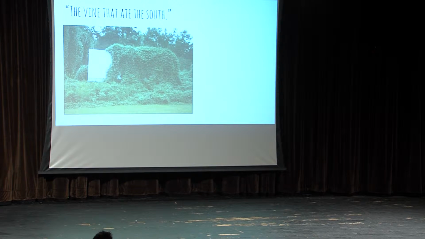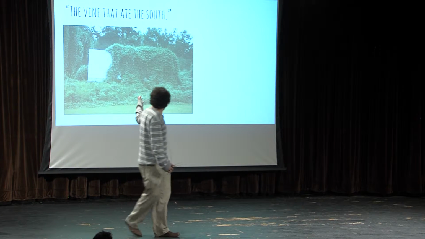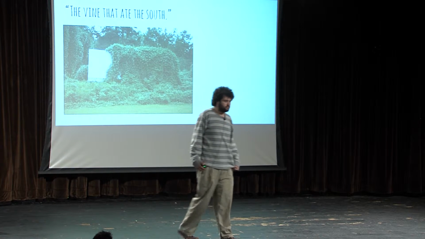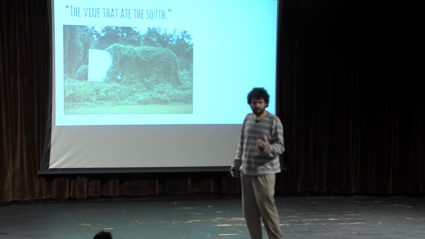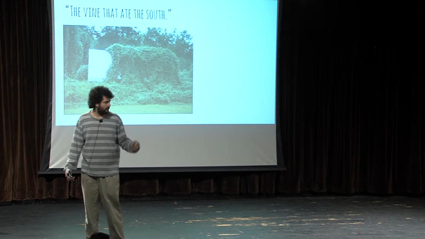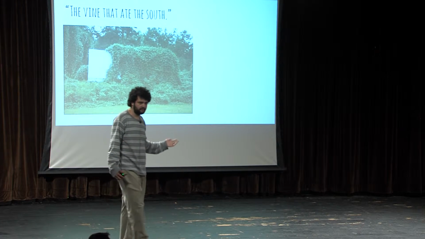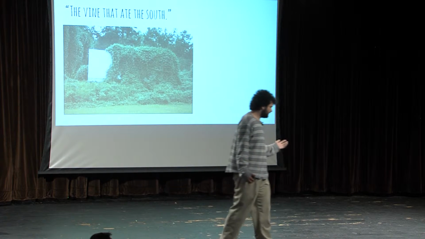And now let's talk about the most dangerous aspect of this, the vine that ate the South, kudzu. Now, this type of vine is something that's very specific to Asia and southern Asia. However, it moved to the United States and slowly began to eat up much of the southern region.